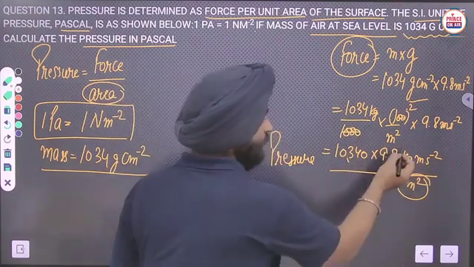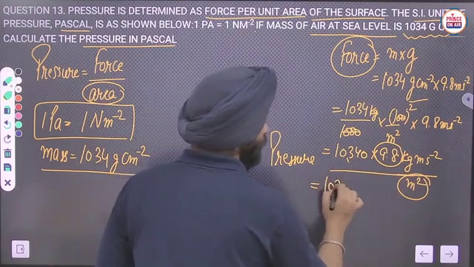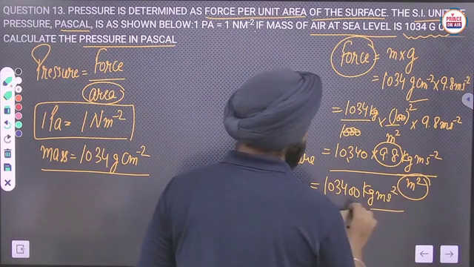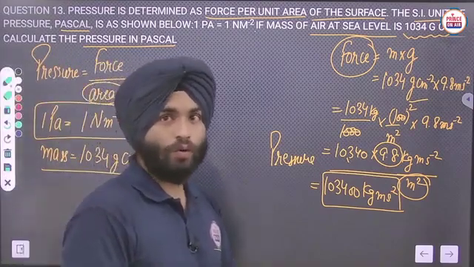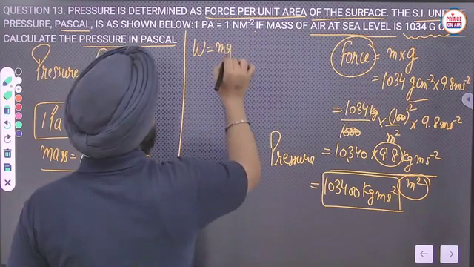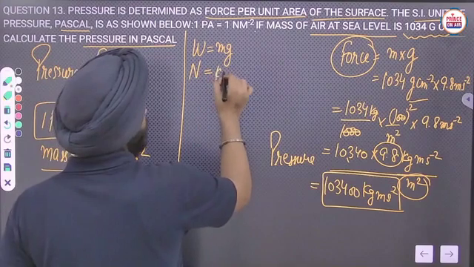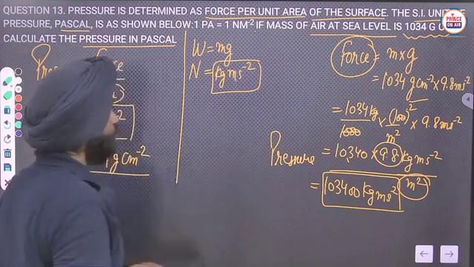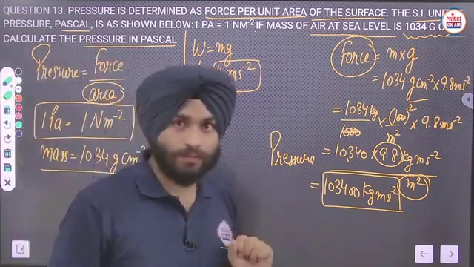And if we are considering this value as approximately equal to 10, that value comes out to be 103400 kilogram meter per square second. Clear? But as we know, W is equal to mg. The units are Newton here, and mass kilogram, meter per square second. So 1 Newton is equal to 1 kilogram meter per square second.